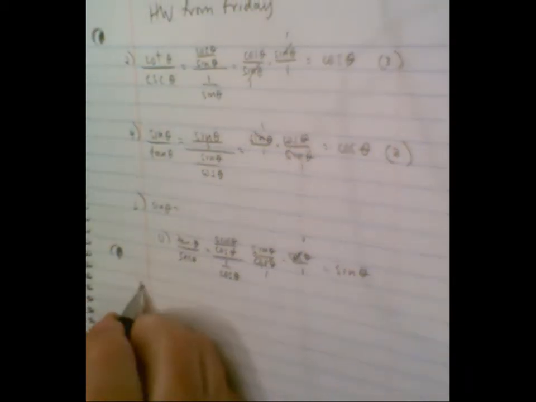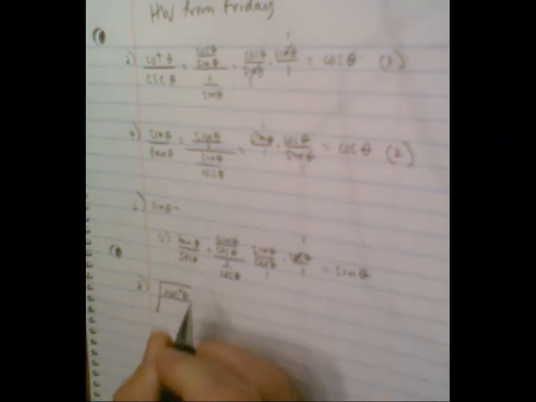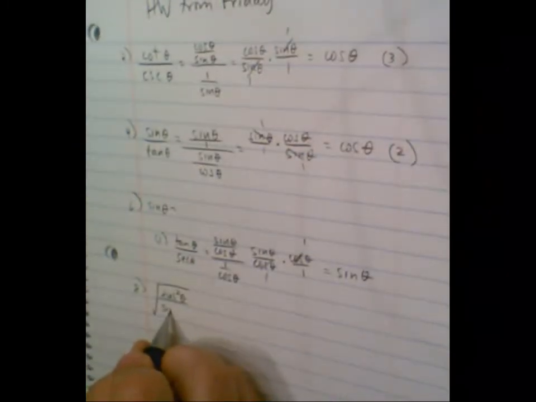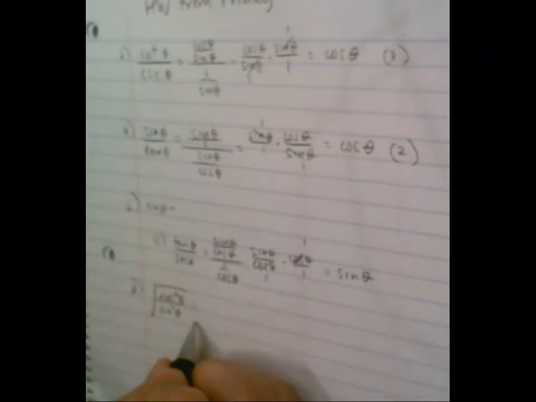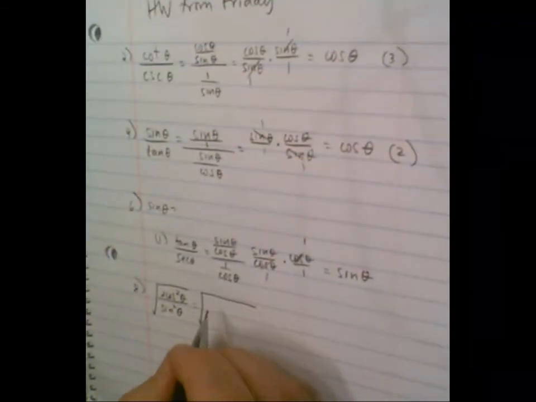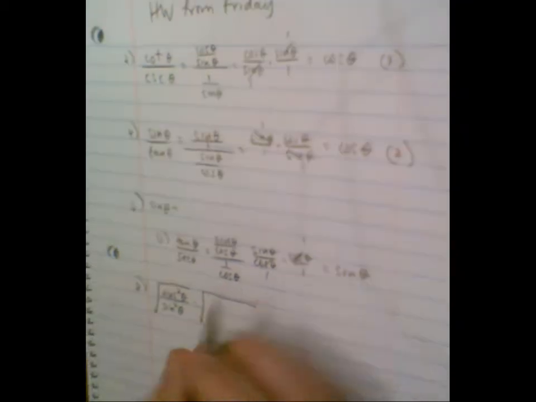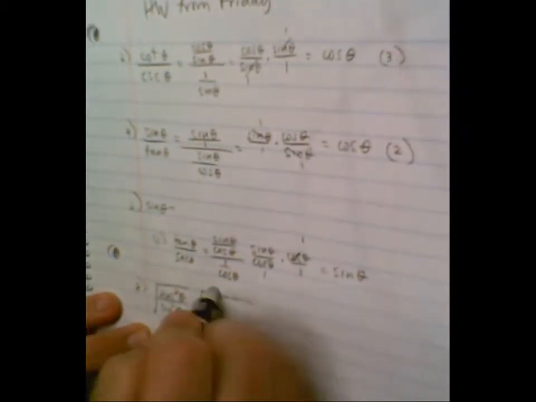Number 8, the square root of 2 cosine squared theta over sine squared theta. So that's equal to the square root, well, cosine squared theta over sine squared theta is cotangent squared theta.